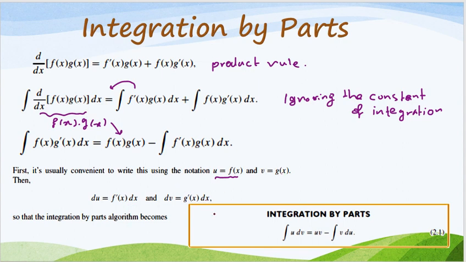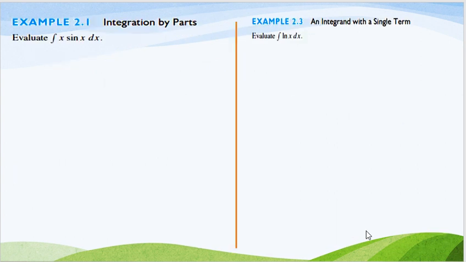We can substitute, and we get the final formula: integral u dv equals uv minus integral v du. This is integration by parts. This is the formula we can use for all exercises.